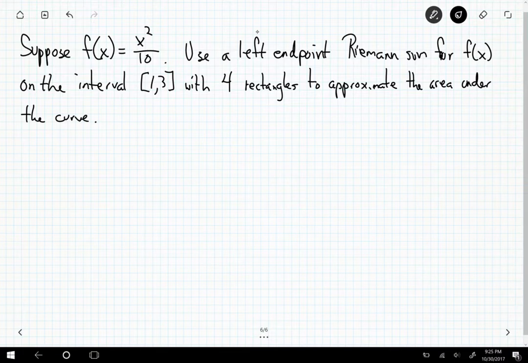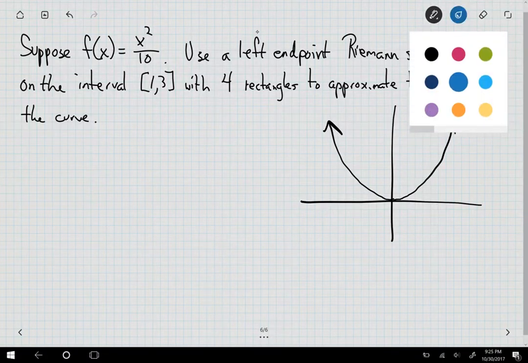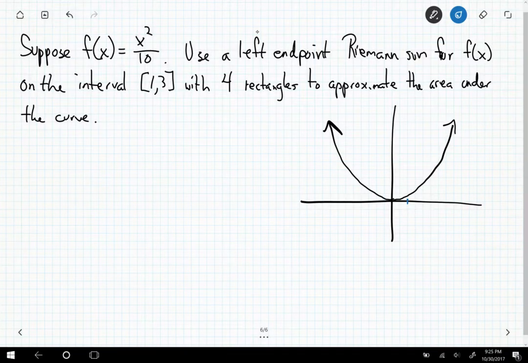So here's what happens. We get this function. We want to draw some rectangles. So let's say this is 1. Let's say that's 2.